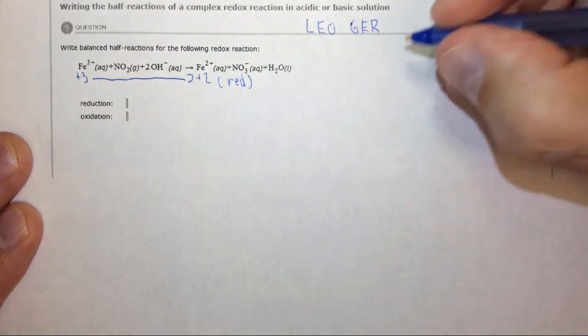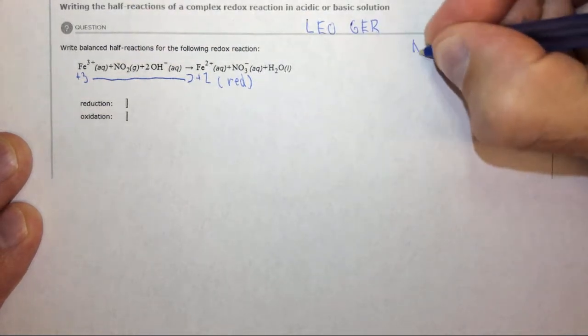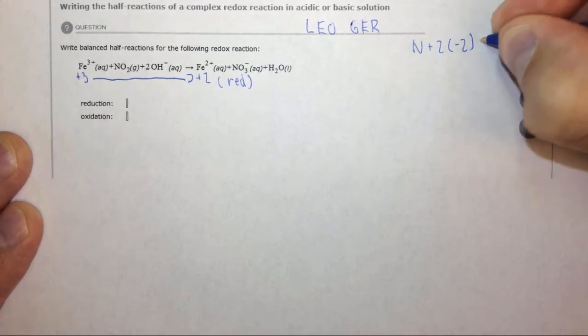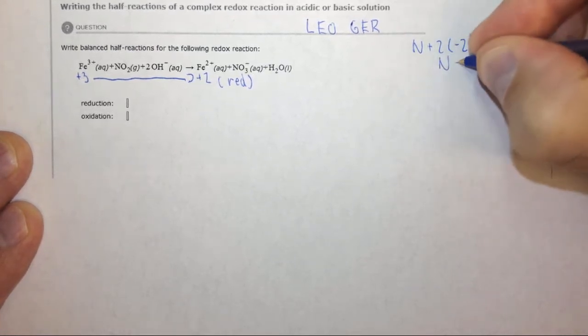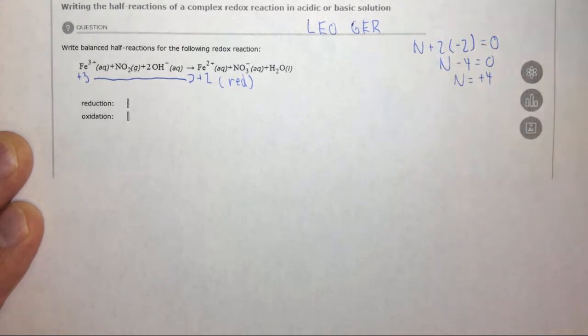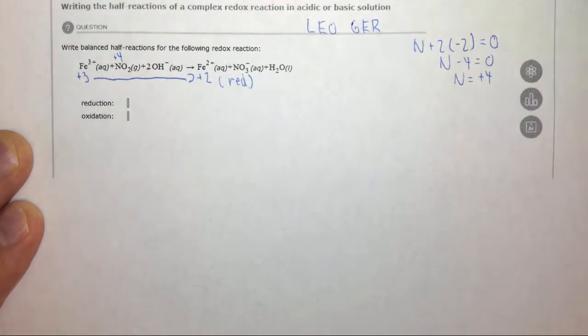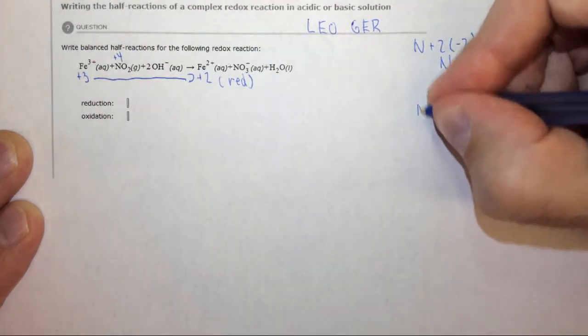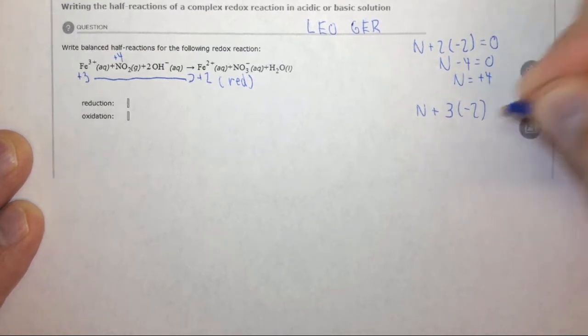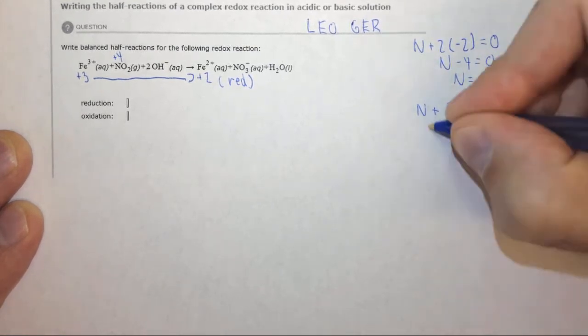So let's take a look at the nitrogen. Well, in NO2, it's neutral, so we have N plus 2 times the oxidation state of oxygen, which is minus 2, equals 0. So N minus 4 equals 0. N equals plus 4. So in NO2, N is plus 4. What about in NO3 minus? Well, we have N plus 3, because there's 3 of them, times minus 2 equals the overall charge, which is minus 1.